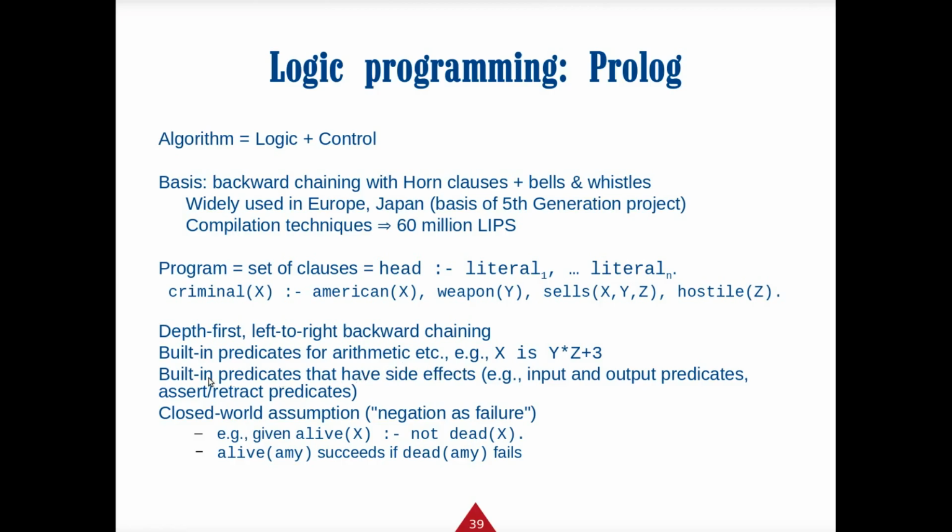And then these are predicates that have side effects, they have input, output, and then the closed-world assumption, negation as failure. So given alive, not dead, kind of like a Schrodinger's cat sort of thing. But basically you could build up a programming language like this.